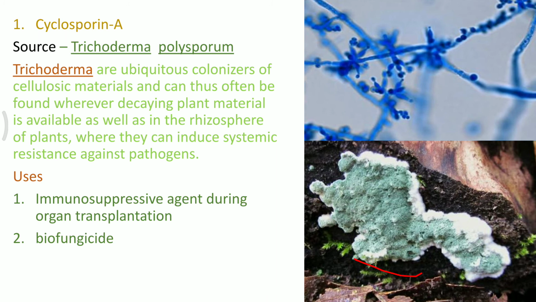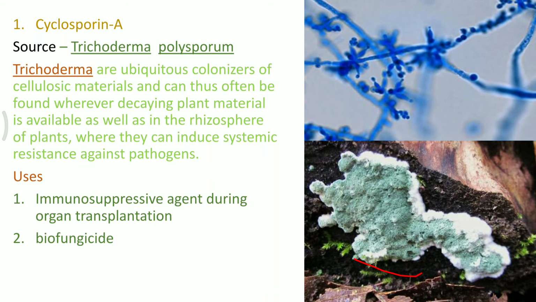Since Trichoderma polysporum is a fungus, it is acting as a biofungicide. It is a sustainable development method by which we can fight against any kind of pathogen in various plants.